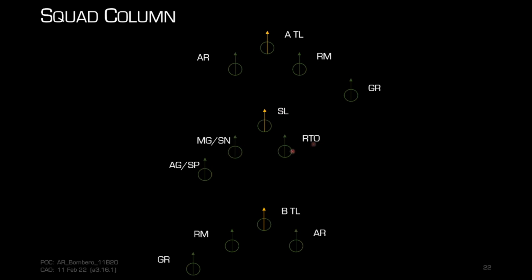And you can set SOPs for that as you like. But the distance here, depending on your movement technique, which we'll talk about next time, is going to be between 20 and 50 meters. And that 20 to 50 meters is between the last element in this group and the first element in this group.